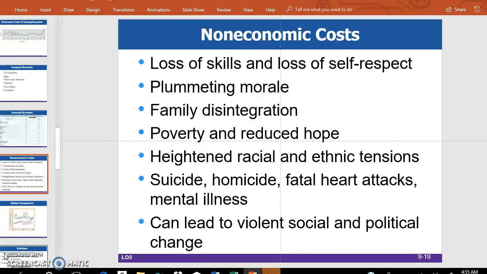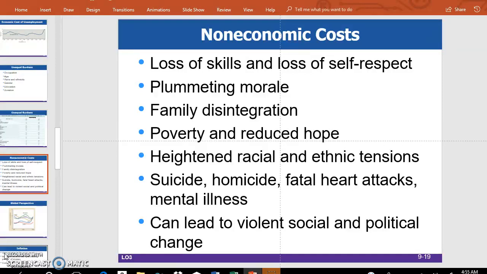Now suicide, homicide, fatal heart attack, and mental illness, all of these tend to increase during times of economic hardship, right? So during times of recession can lead to violent social and political change. In many countries, high unemployment rate has resulted in a change in government, and in many countries through violent means, right?